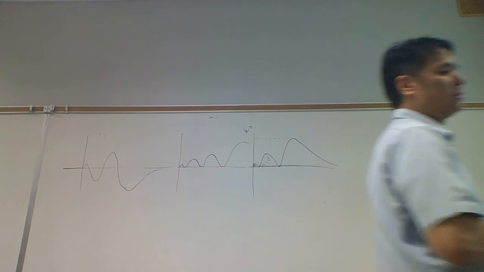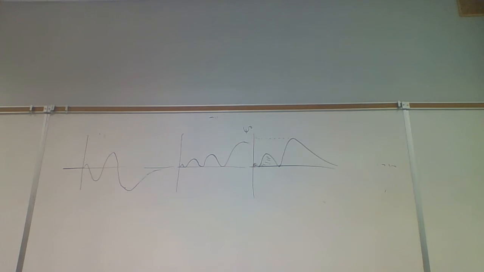Now let's compare that to the 3D. If you look at the 3D, this is the radial part of the wave function. We're going to skip this. We just want psi.